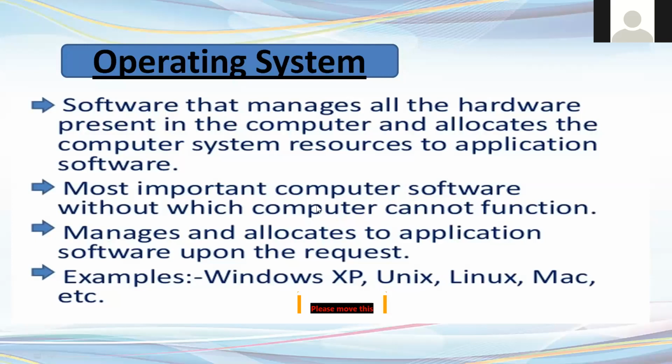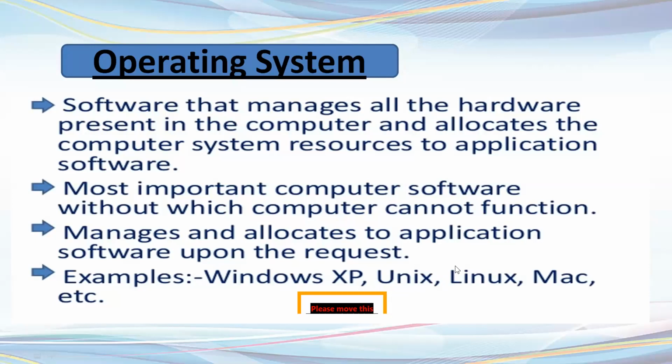It is the most important computer software without which the computer cannot function, and it manages and allocates resources to application softwares upon request. Upon request means whenever you start working with a device, automatically a request is sent. Suppose you are about to type: as you press any key on the keyboard, a request is sent to the operating system that the user wants to type something, to make that keyboard available to you.